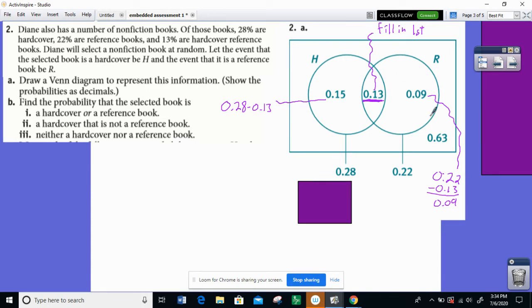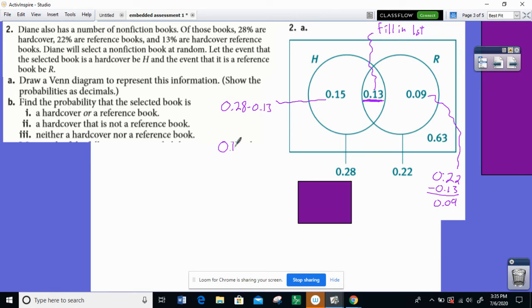All right, so where does this 0.63 come from? Well, the sum of the probabilities in any probability experiment has to be 1, right? So how much of that 1, how much of that full 100% have we used by filling in the probability that a book is hardcover and a reference book, the probability that a book is a hardcover book but not a reference book, and then also the probability that a book is a reference book but not a hardcover book?